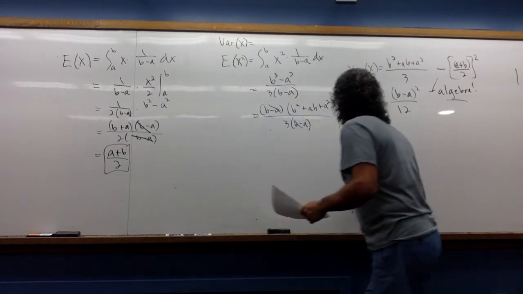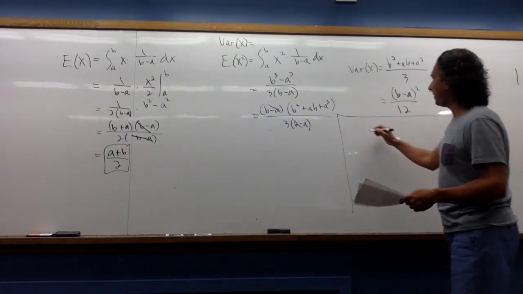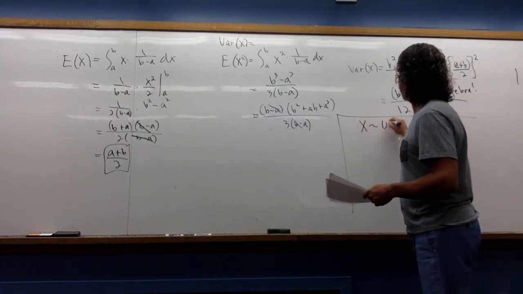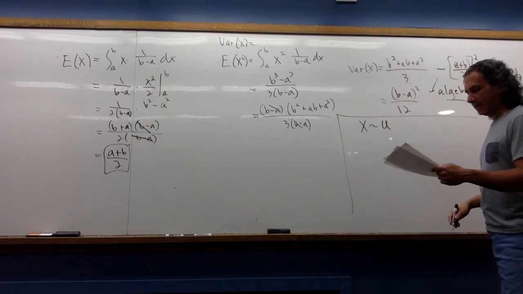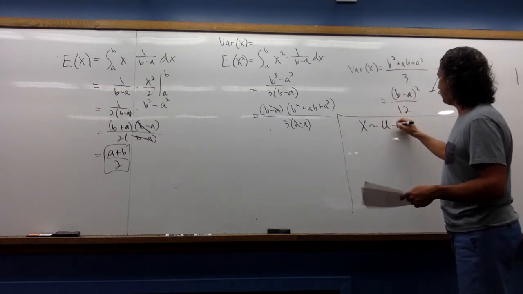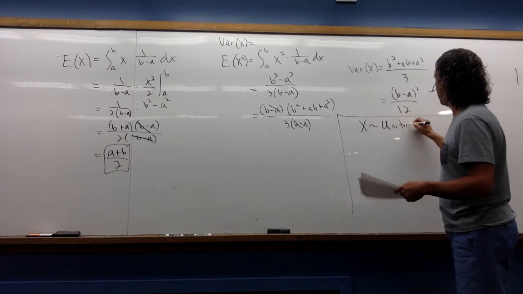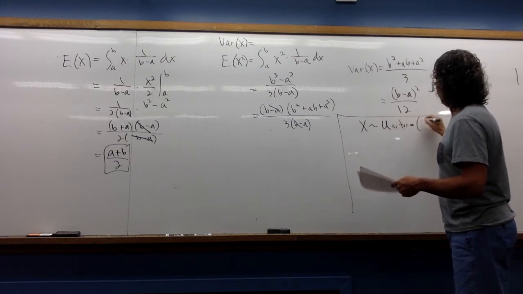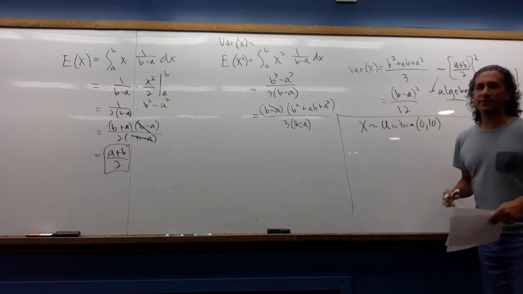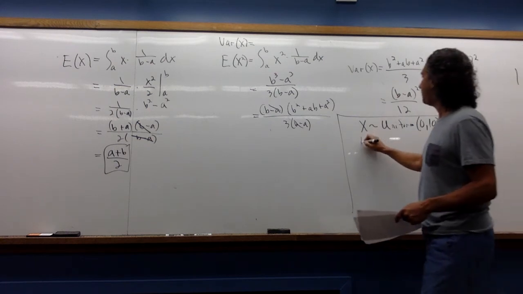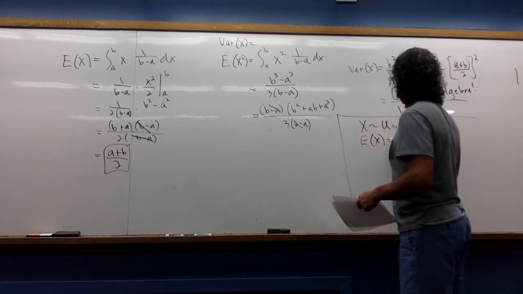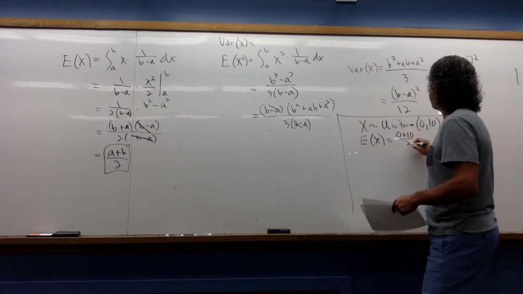So in summary then, as an example, let's let x be distributed uniformly. And sometimes people will just write U for uniformly. On the interval 0 to 10, the expected value of x is (0 plus 10) over 2.